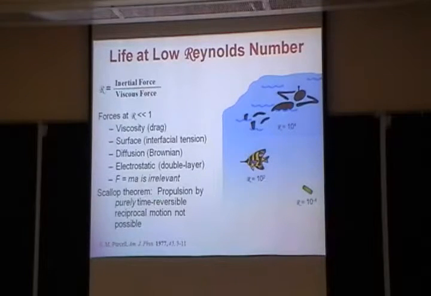Well, so the Scallop theorem that Pecco talked about says that if you have a purely time reversible reciprocal motion, then you do not see a net movement. Although, as I pointed out, and I'll talk about it towards the end, in real life that's not quite true, because you have Brownian rotation, which rearranges these things, and you can have an actual motion from point A to point B, even though you're doing reciprocal motion.